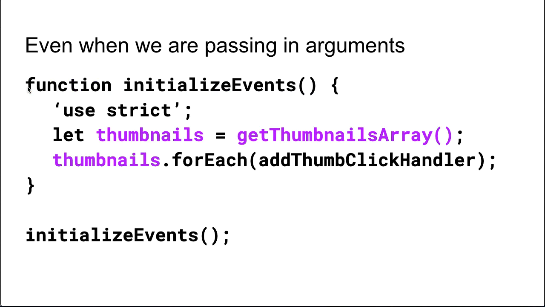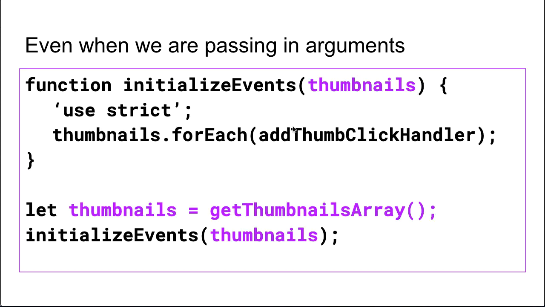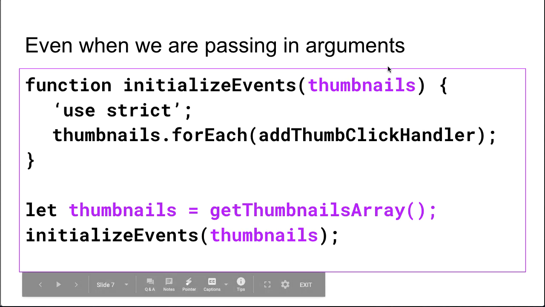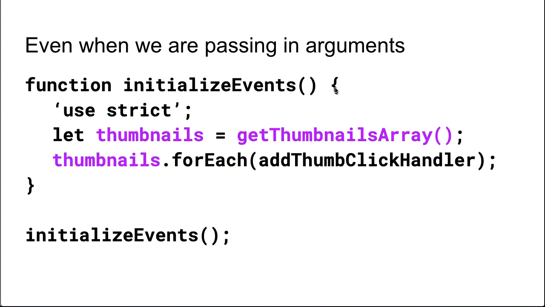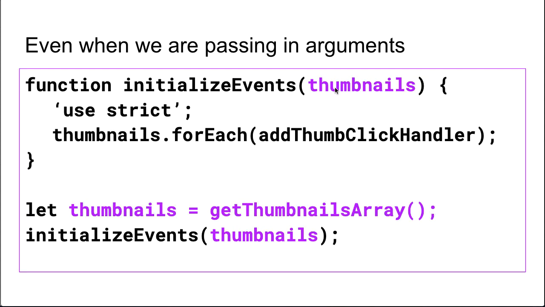So even when we're passing in arguments, right? In our initialize events, we get the thumbnails from the thumbnails array, and then we do the rest. We could have passed in thumbnails. Just a different way of writing our code, we could have gotten the thumbnails and then passed the thumbnails as an argument to the function that we define. We did it this way inside, but we could have gotten the thumbnails first and then called initialize events with the thumbnails.